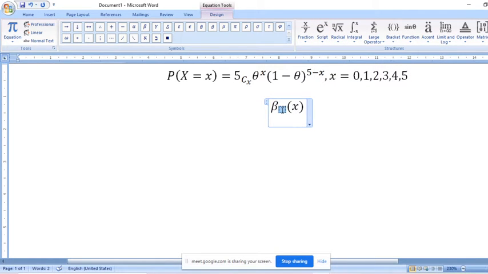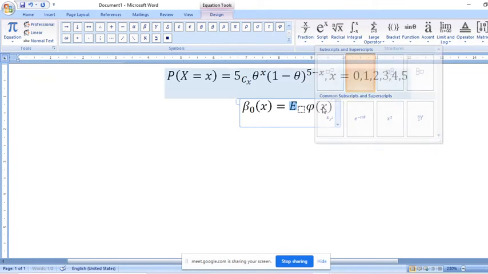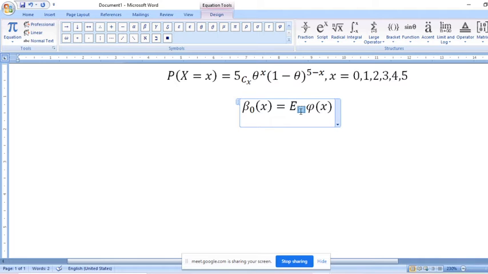So under the null hypothesis, what will this be? This is the expectation of phi of X under theta. What would be the phi of X here? It will be 1 if we observe 5.